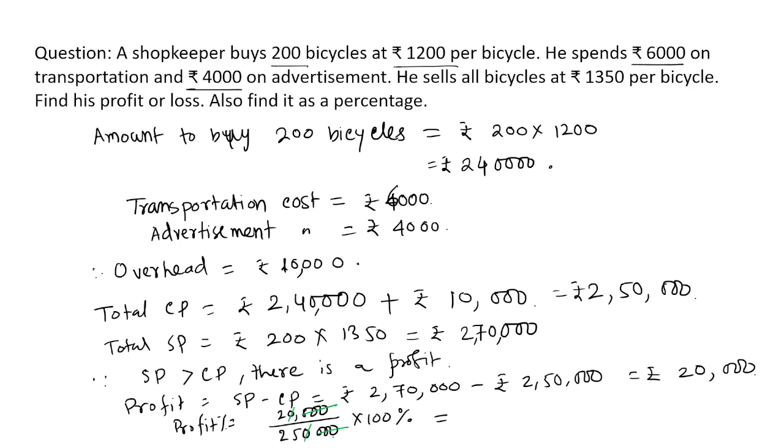Now 2 by 25, so 25 into 4 is 100, and that is 8%. So he gets 8% profit. The total profit is 20,000 and the percent is 8%.